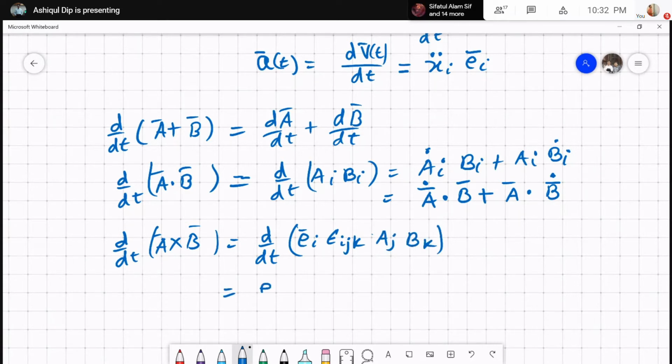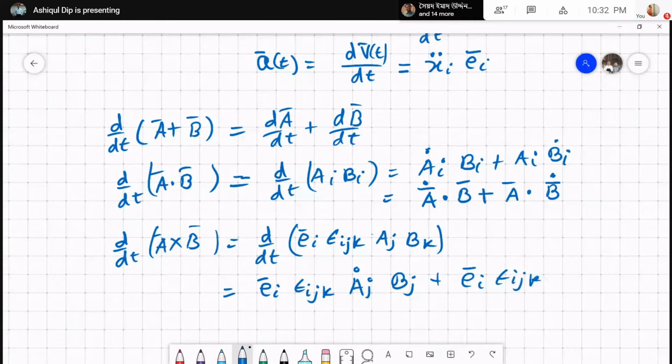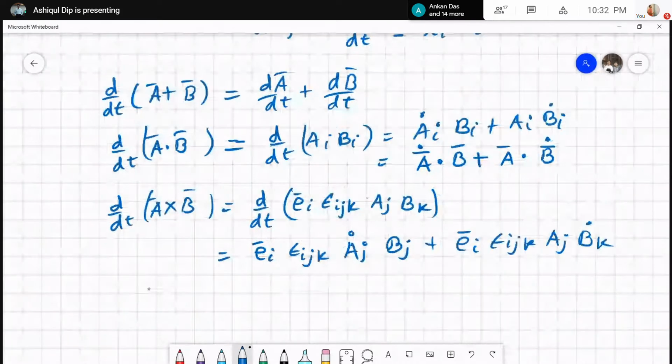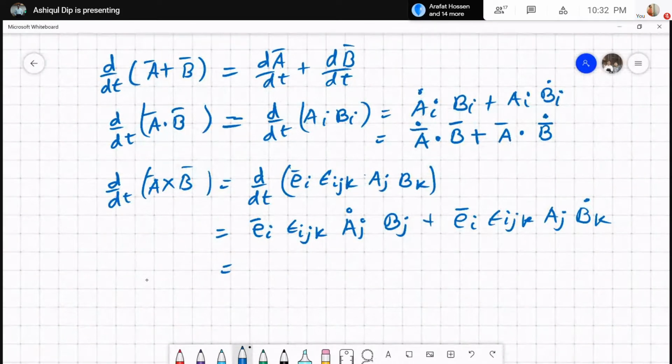It gives you ei epsilon ijk aj dot bk plus ei epsilon ijk aj bk dot. So we can recollect again, and from this term we can see it's basically the cross product between A dot and vector B, plus the cross product between vector A and B dot vector, right? Okay, so we are going to need that later.